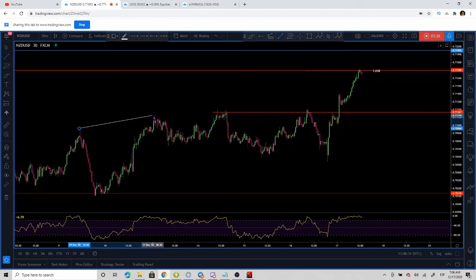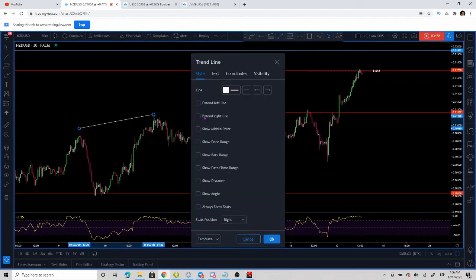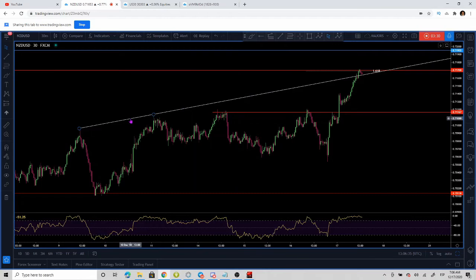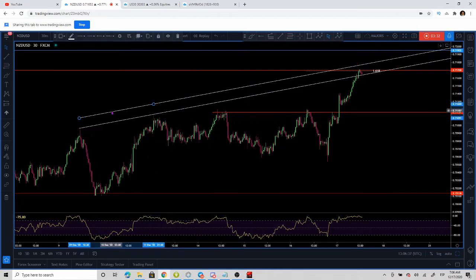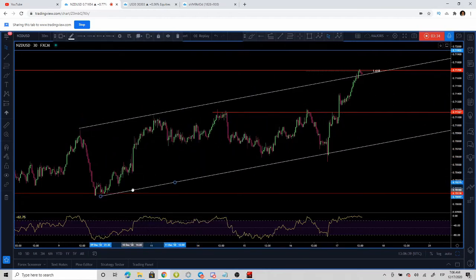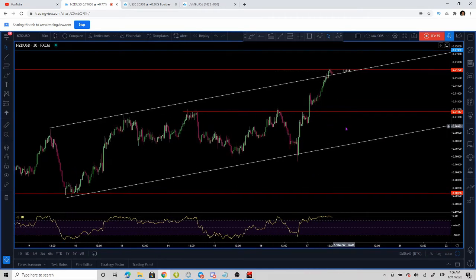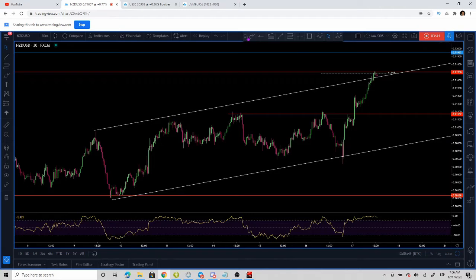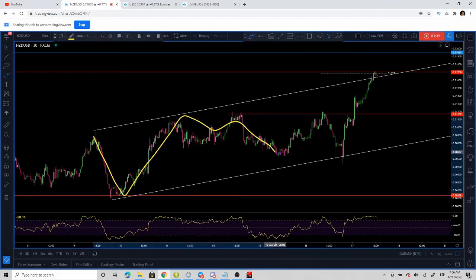Now, about the structure that we're currently trading in, I'm going to extend it and clone this. And as you can see, price is really respecting this ascending structure. It's not a steep ascending structure, but we are respecting it nonetheless, right?